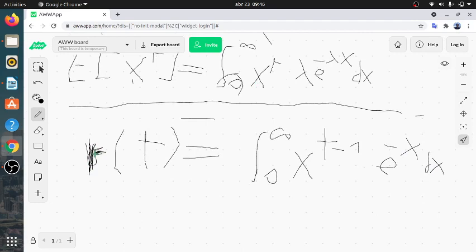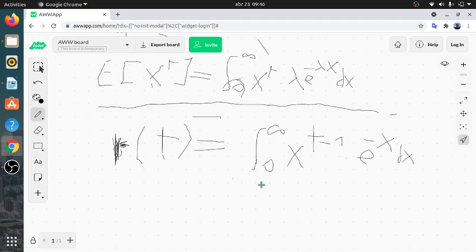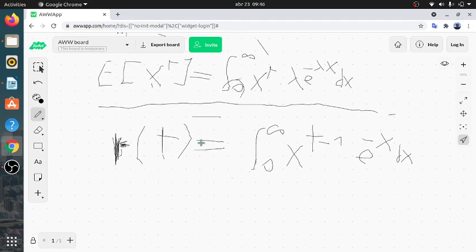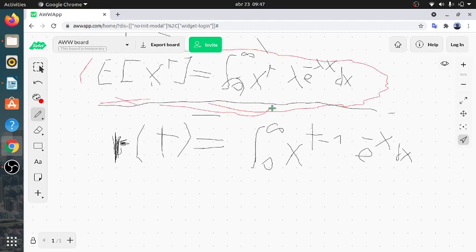That function has some very interesting properties that we are going to use. So what we are going to do right now is convert this expression into something like the gamma function.